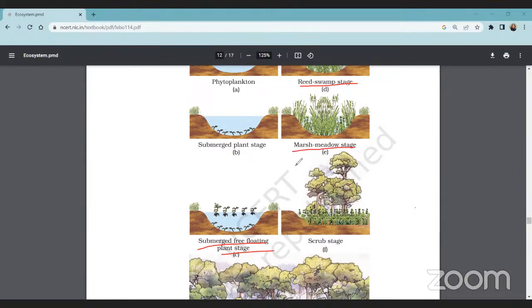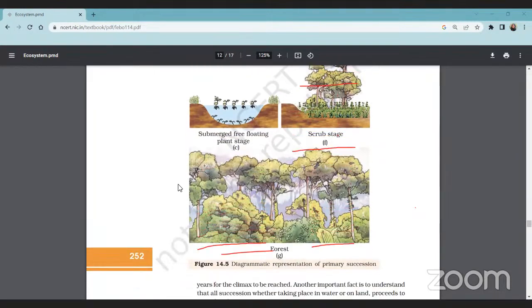Later, they completely utilize that soil and form a scrub stage, and then they develop into a forest.